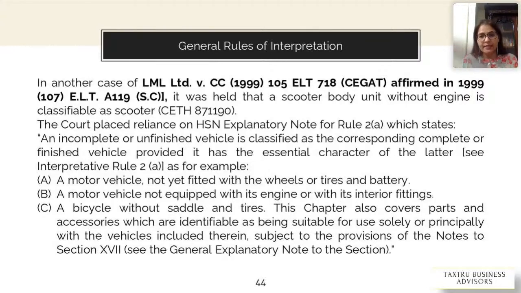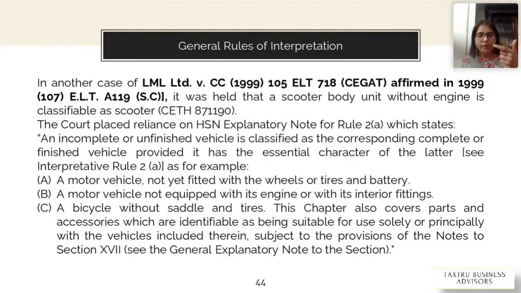But as per 2A, if your unfinished product or even unassembled product has the essential characteristics of the finished product, the latest example is the Segway. We all know that a Segway is a simple machine which only needs a simple screwdriver to fit the complete machine, and it will be a runnable, movable Segway.